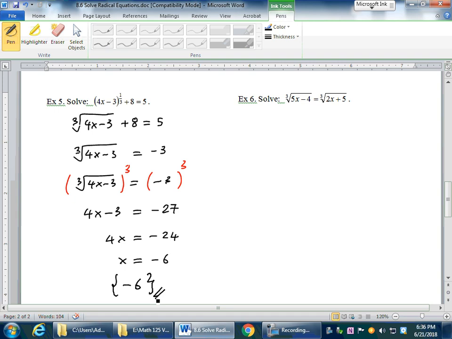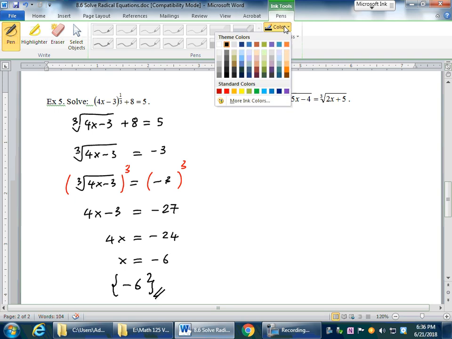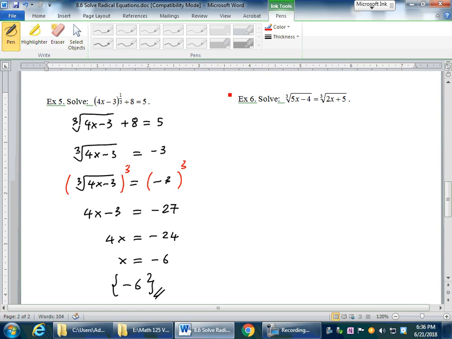Sometimes you will have radical terms on both sides, like in this case. This is still not a complicated case because we only have one radical term on the left-hand side and one radical term on the right-hand side. This already isolates a radical term on one side.